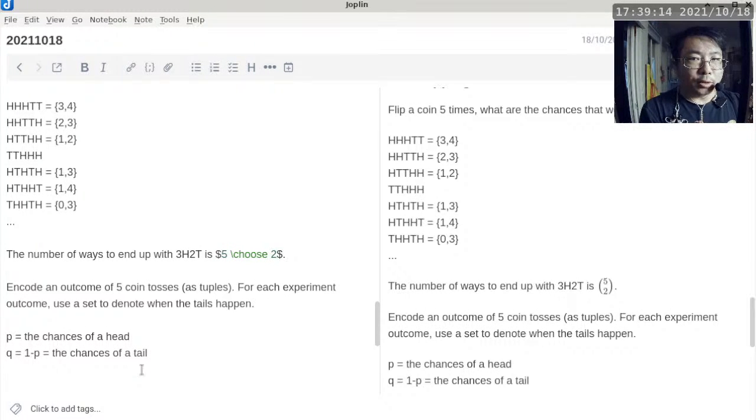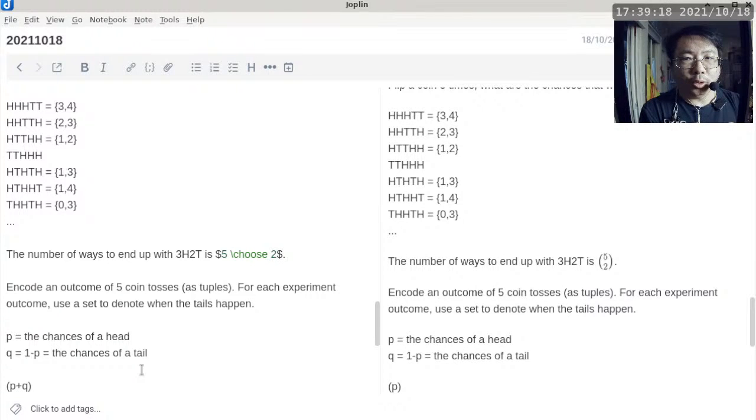So if I were to toss a coin 5 times, then we end up with P plus Q, let me use math equations here again, P plus Q, the whole thing to the power of 5. This would represent all the possible ways. So within all the possible ways, we have some number.